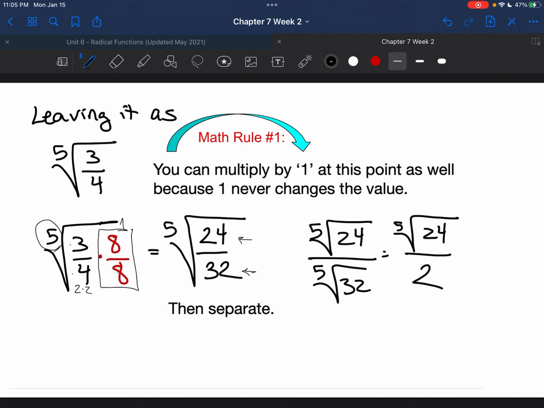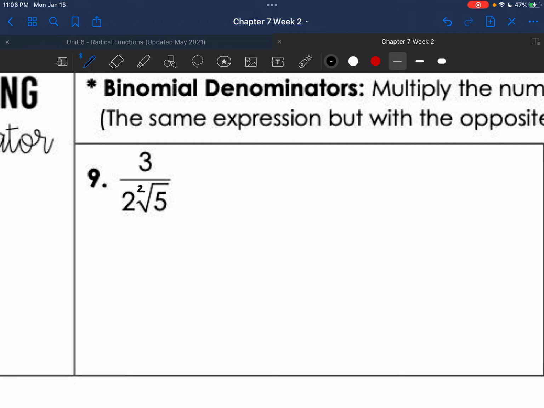When this has the square root, or when you have any index here, square root of 5, I already have 1 5 here, so I just need 1 more. So when I multiply by the square root of 5, I now have 2. I have 1, 2, and I needed 2 of them. So I multiplied by the square root of 5 on the bottom, square root of 5 on the top.